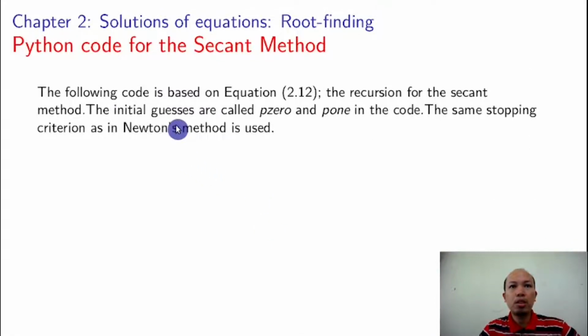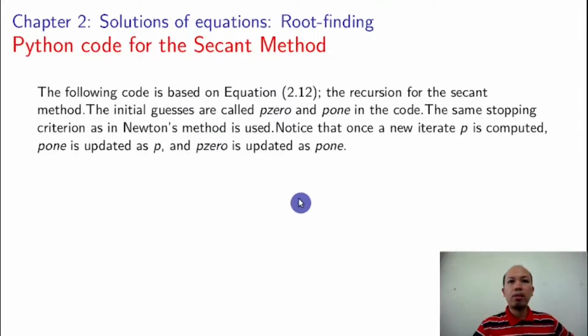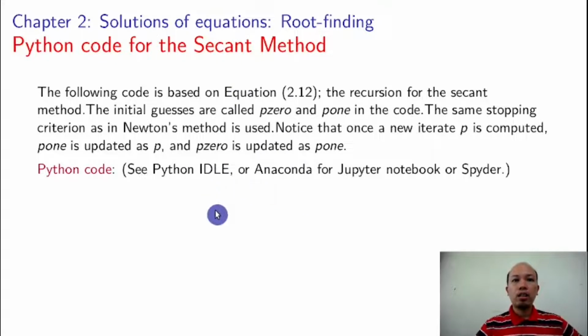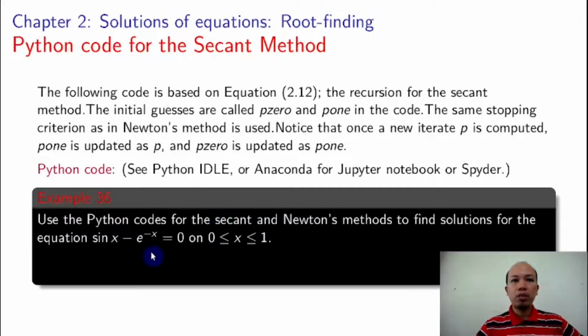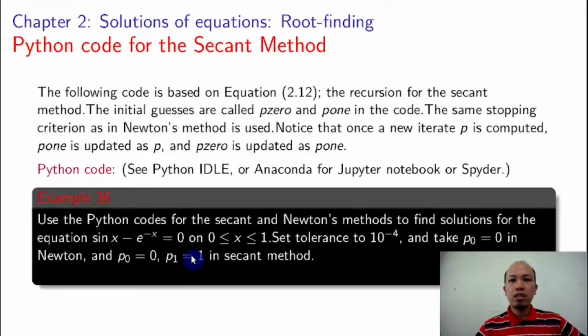Before we go to the Python code for the second method, let me illustrate how the second method works by using example 36. It says here, before we go to the Python code, let's compute this by hand. We are going to find the solution of this equation, sine x minus e to the x.